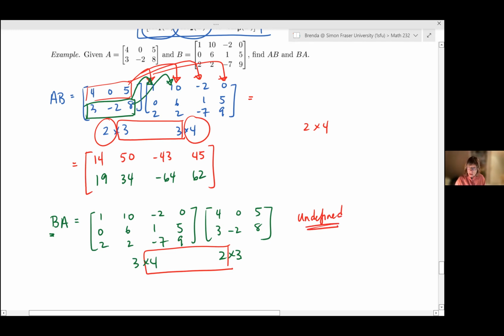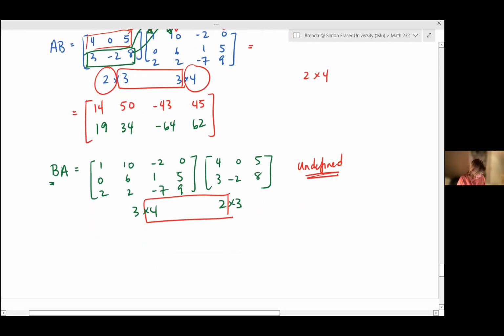This is important. What is important right here is AB not equal to BA. Matrix multiplication is not commutative. This is not the case like with numbers. For example, if you go like this, 2 times 3, you can always do it as 3 times 2, right? You can always do that with numbers.